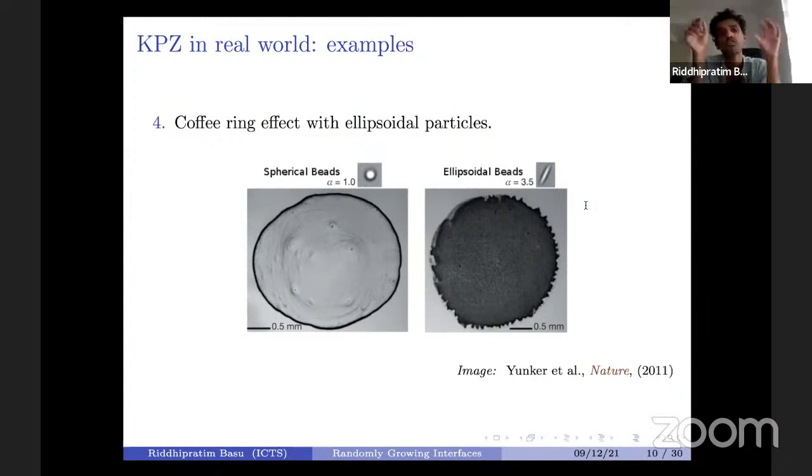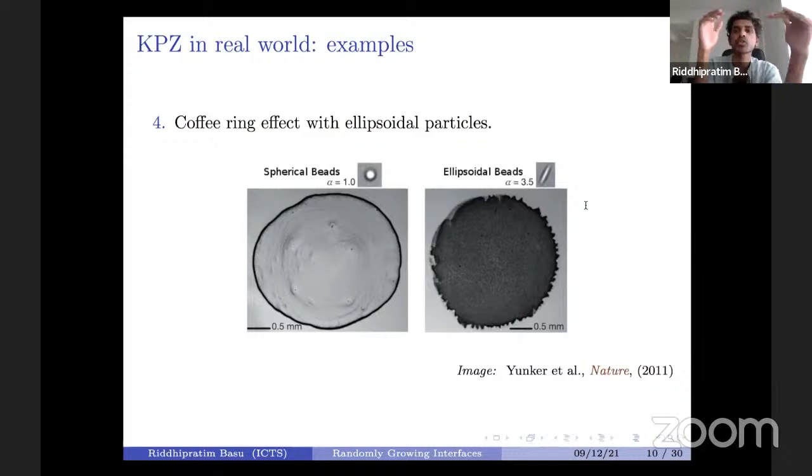And the final one is an example that appeared in Nature about 10 years ago. It's when you spill a drop of coffee on a piece of paper and let it dry. These dried drops will not be exactly a sphere, right? They'll have some shape, and there will be some sort of fractal protrusion around this main shape. What this paper investigated was that if your coffee contains spherical bits, then they will have a certain kind of growth, which is not the KPZ growth.